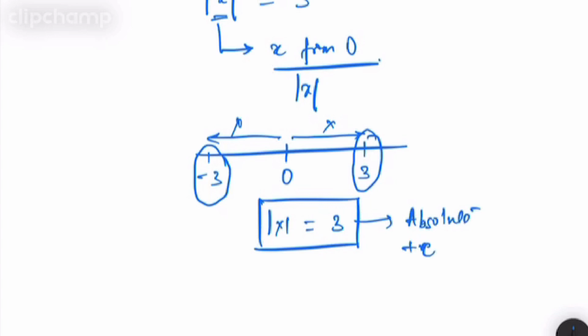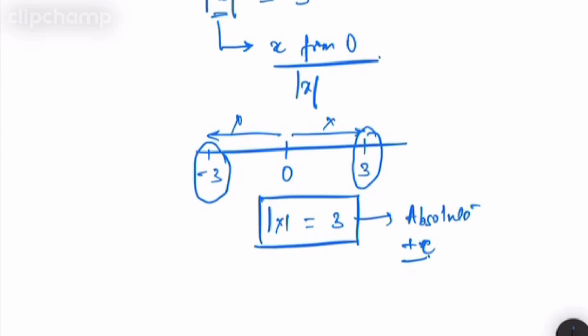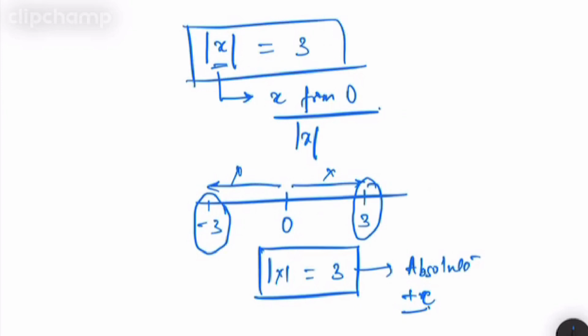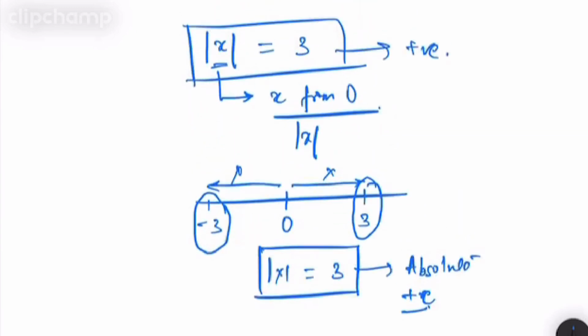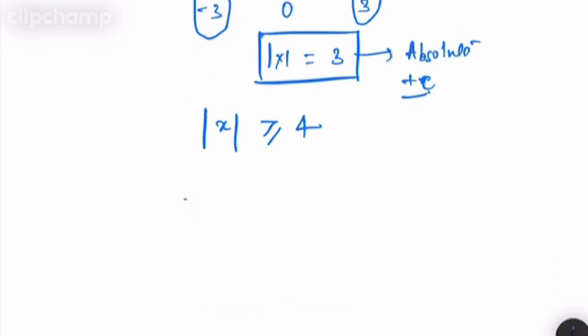Whenever we are dealing with any mod problem, we just have to keep in mind that the value of mod will always remain positive. So let's see one inequality concept again. When we say mod of x is, let's say, more than or equal to 4, again on the number line we will see that, let's say here it is 0, and why we are taking 0?